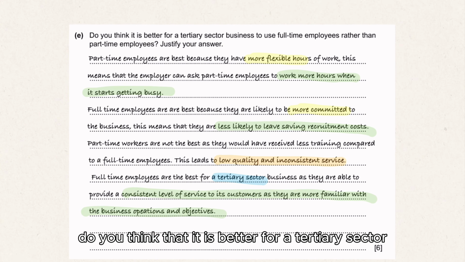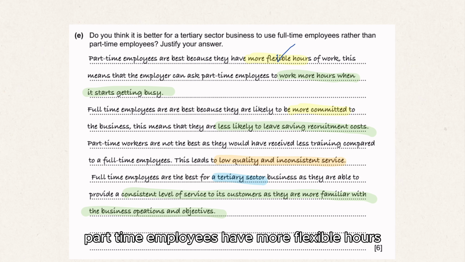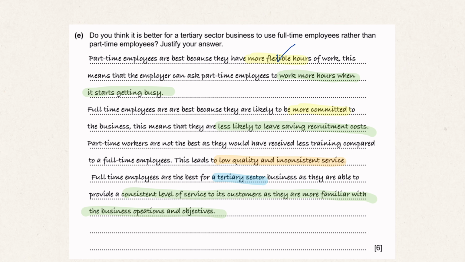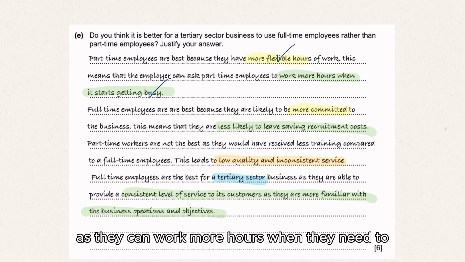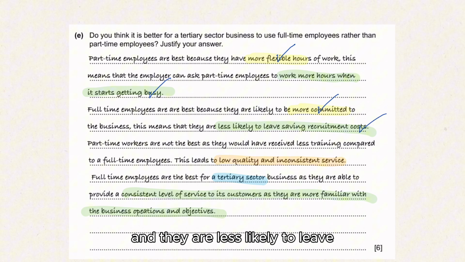Do you think that it is better for a tertiary sector business to use full-time employees rather than part-time employees? Justify your answer. Part-time employees have more flexible hours, as they can work more hours when they need to. Full-time employees are the best, as they are more committed and they are less likely to leave, saving recruitment costs.